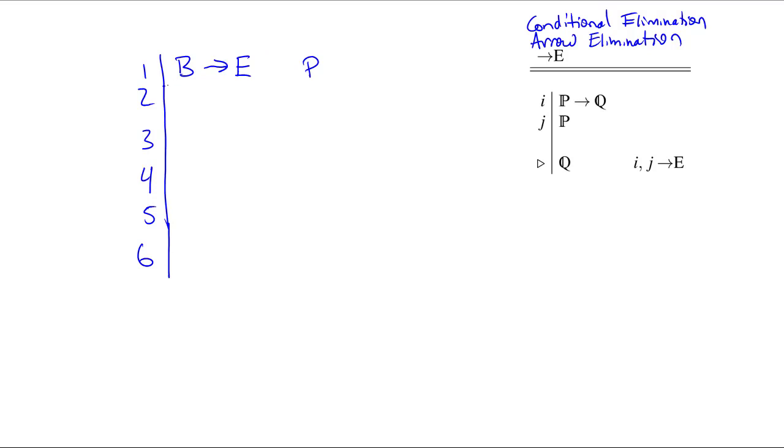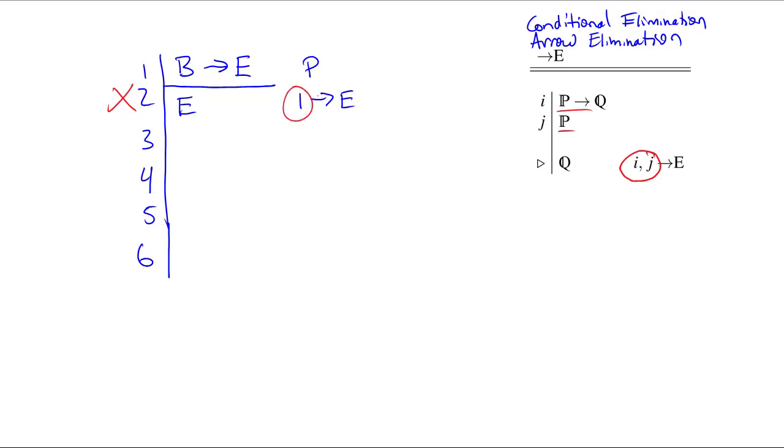Another frequent error with the arrow is to treat it like a conjunction and just say, oh, look, I'll take that E from 1 arrow elimination. There's a couple of things wrong here that we can point out. First, there's no B. There's no antecedent to use with the rule form. Moreover, notice that the rule form always requires 2 lines, the conditional itself and the antecedent.